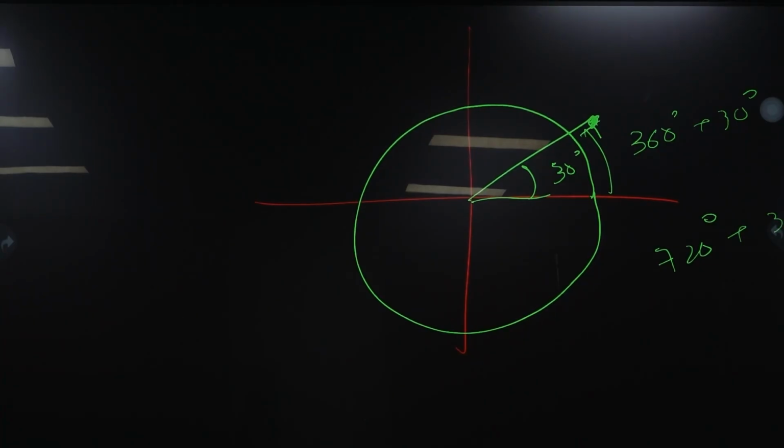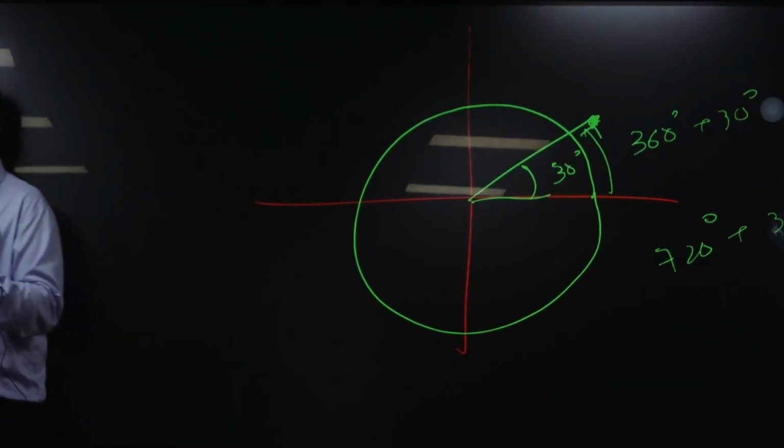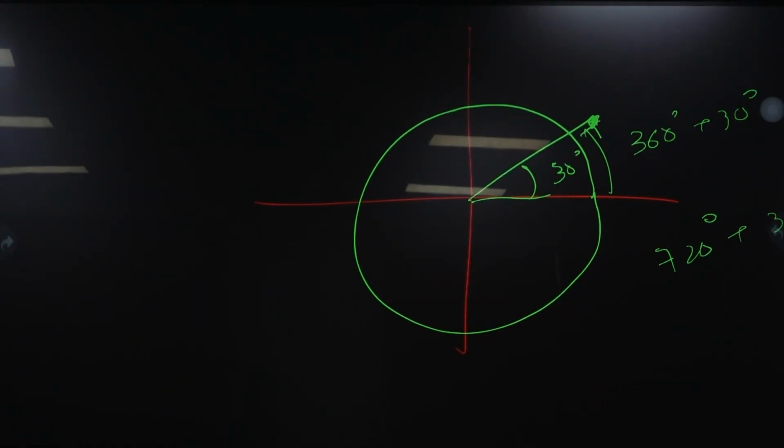It's the exact same complex number, but the angle of that complex number could be 30 or 360 plus that, or n times 360 plus that. So basically that number plus multiples of 2 pi or multiples of 360 degrees. So there is no unique phase value when you calculate the phase.